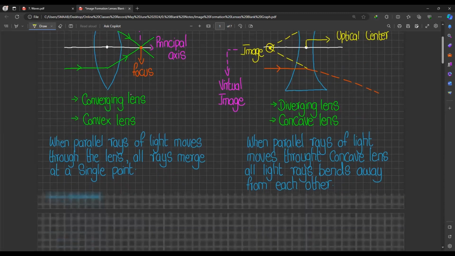So all these concepts are important. If we explain them shortly, the first one is the optical center. In exams, sometimes they also ask for their definition for 1 mark.